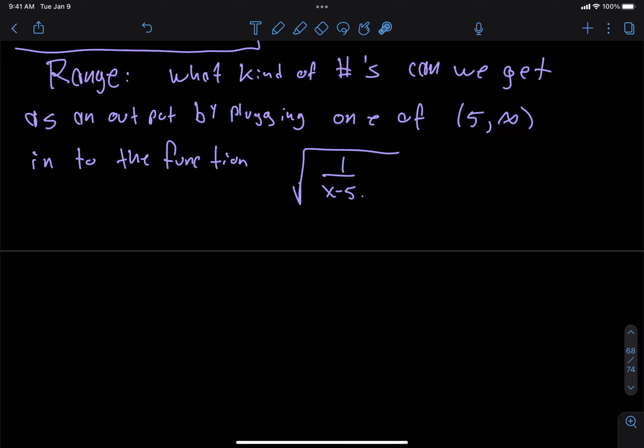Then the denominator will be really, really big. If x is extremely big and I take away 5, it's still big, right? So if the denominator is huge and the numerator is small, what kind of number do I get? An extremely small number. Can I ever get 0?